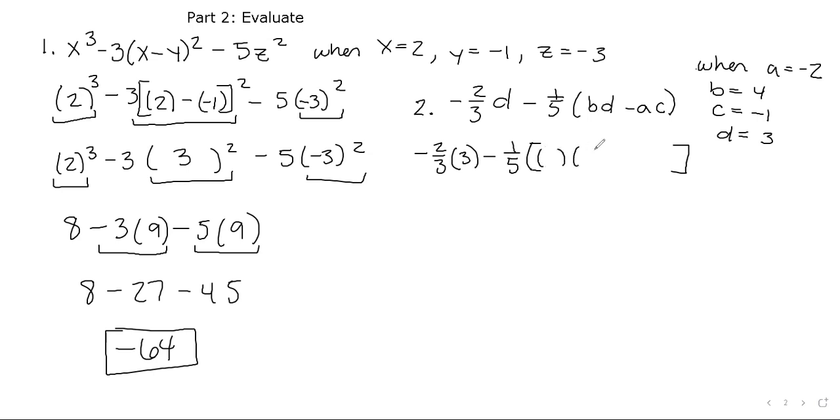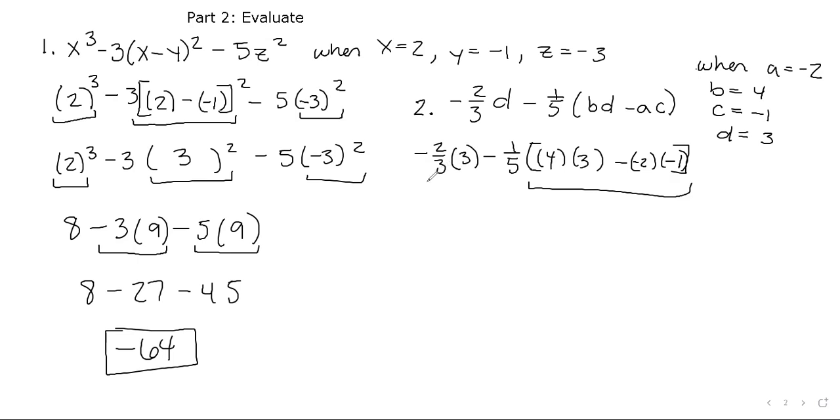By leaving those gaps that I just showed you, okay? So B is 4, D is 3, A is -2, and C is -1. After we have everything plugged in, we will follow our order of operations, which is going to tell us we need to figure all of this out first, okay?